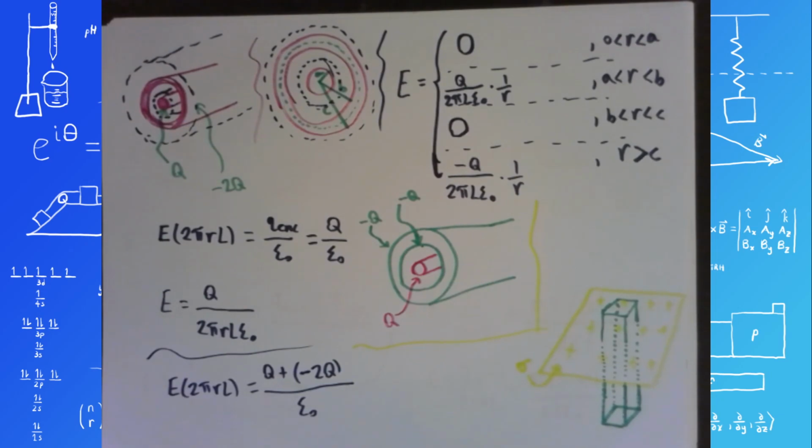So if I use a rectangular prism as my Gaussian surface, what kind of electric field would I get out of this?